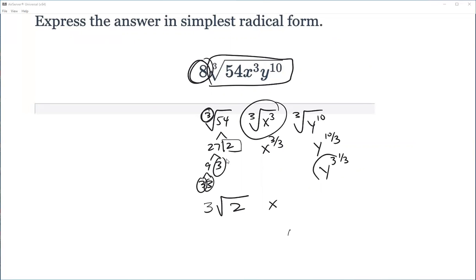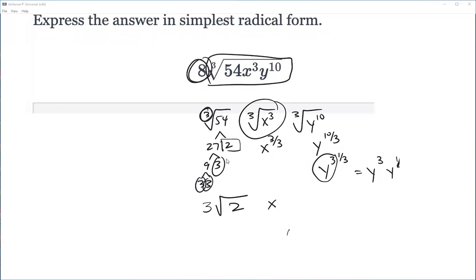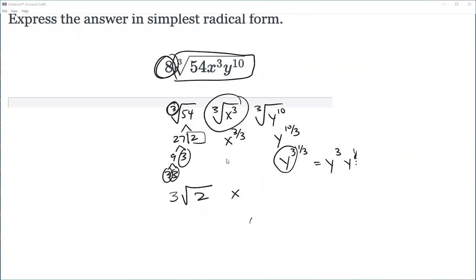So this is equal to y to the 3rd power and y to the 1/3 power. So this is y cubed, and the 1/3 power is the cube root of y. We combine this all together, it will be 3xy cubed, cube root of 2y.